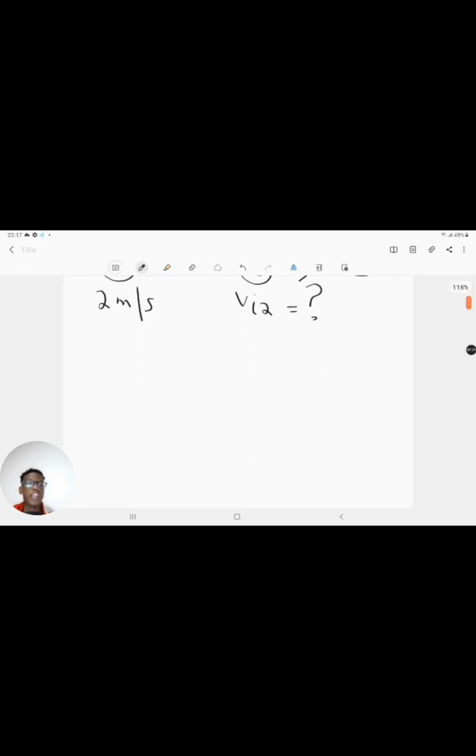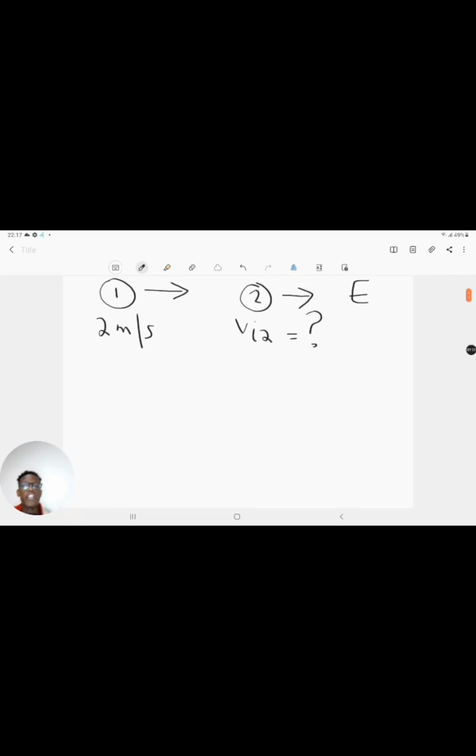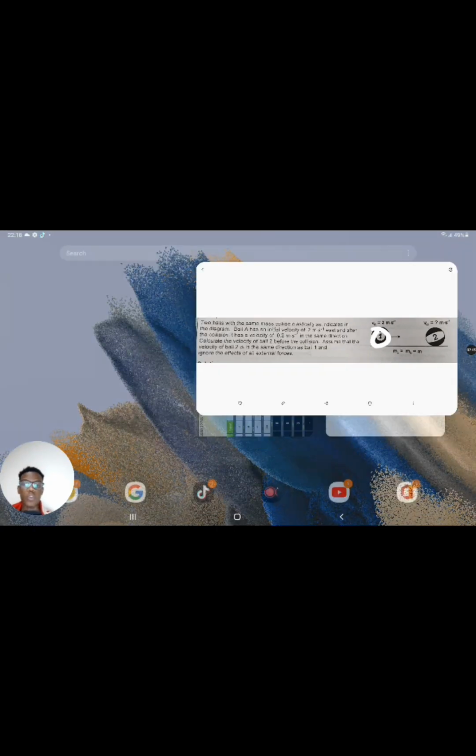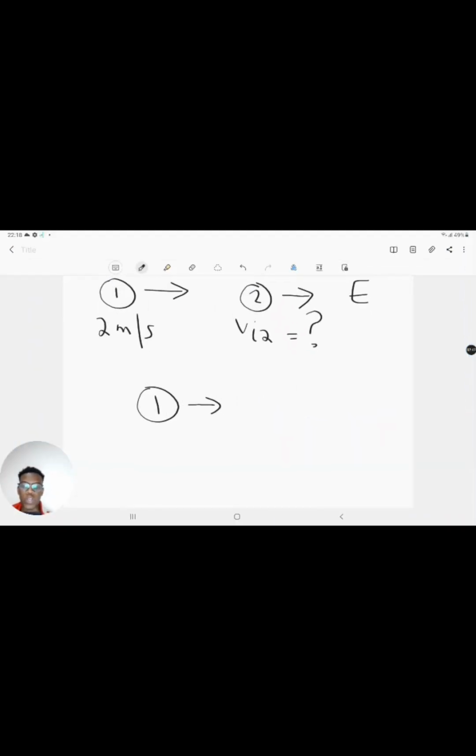We are told that after the collision, ball 1 continues to move to the east with a velocity of 0.2 meters per second.